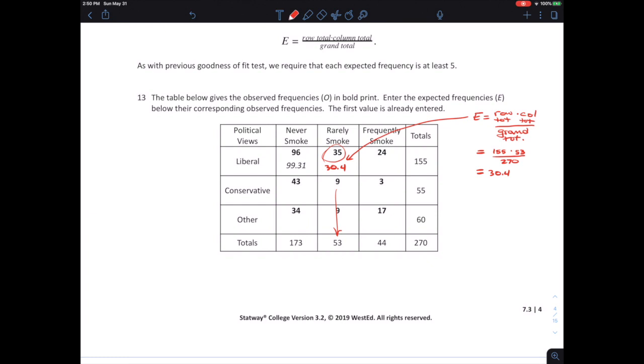The next one down here, expected frequency will be row total, which is still 155, with the new column total down here, 44, and always dividing by the same grand total, which is 270. On this one you should get 25.3.